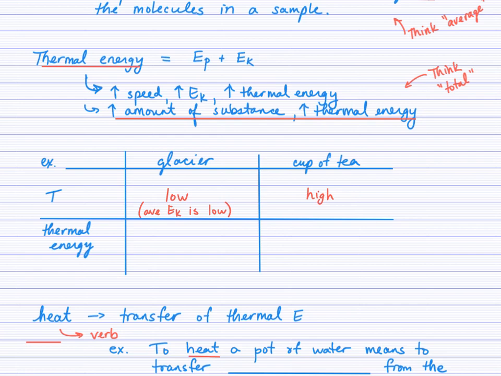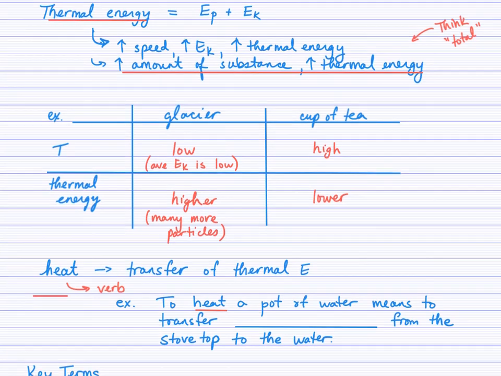And so having a significantly greater amount of substance means that this glacier is going to have a higher thermal energy than the cup of tea. So as compared to one another, the glacier has the higher thermal energy. Not because its kinetic energy on average is higher, but because there are many more particles in this glacier than there are in the cup of tea. And so the sum, think total, it's going to have a higher total than the cup of tea.